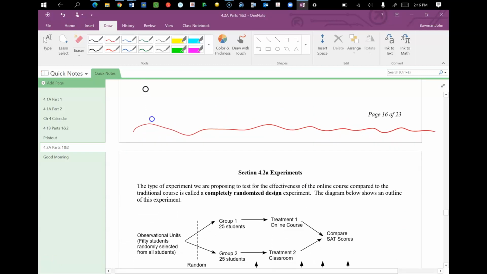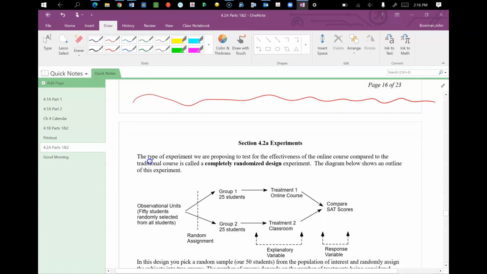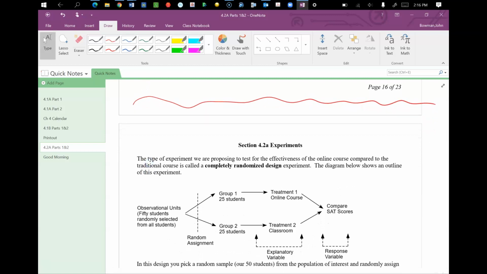Often, experiments are diagrammed in a way shown like this below. We start out with the subjects and how we got them. They could have been volunteers. In this case, they were randomly selected and agreed. And then we break them into two groups, a control and a treatment group, or the two treatment groups, the online course and the classroom.